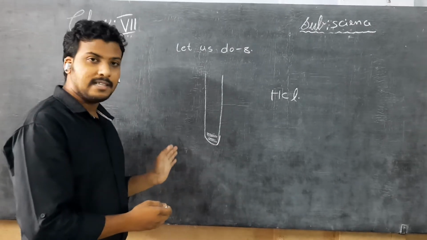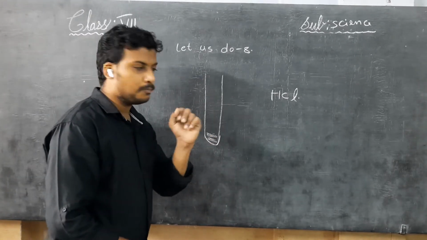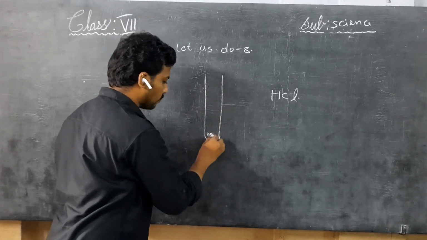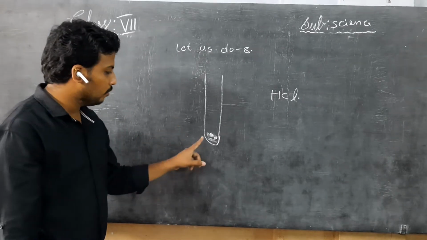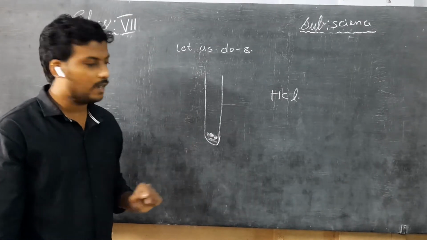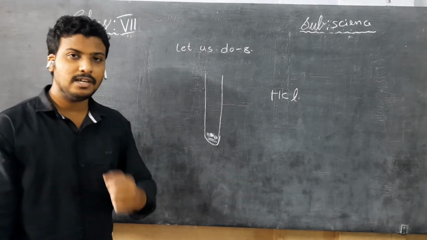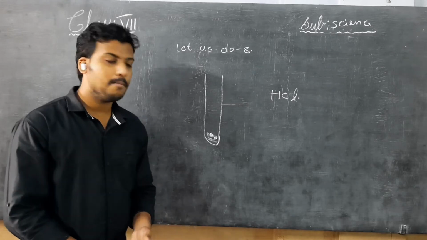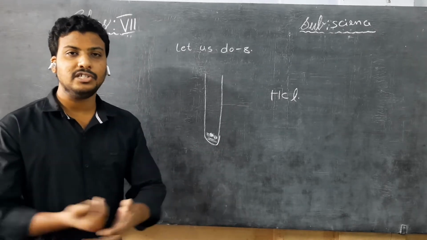I'm taking 2 drops of phenolphthalein solution into the test tube. After adding 2 drops into the 10 drops of hydrochloric acid, do you observe any color change? No, you cannot. Why? Because the solution you have taken is acid. There will be no change in color.